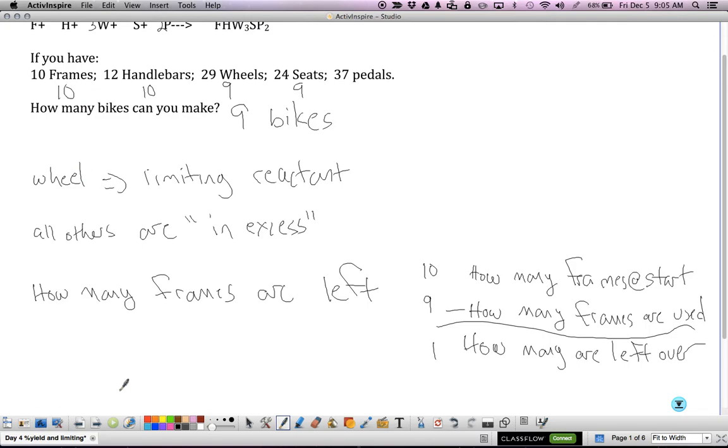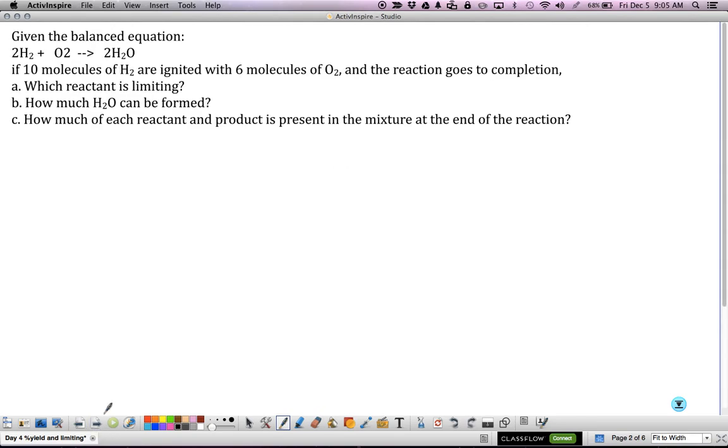So here's a typical problem. This one's pretty easy. I'll give you a couple pieces of advice here. Read through this, and you'll see that you're given information about both of the reactants.